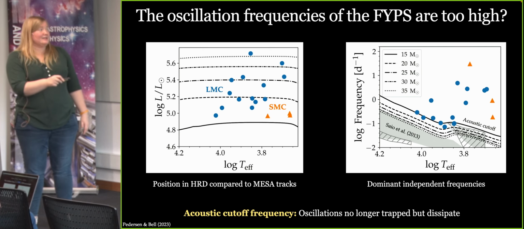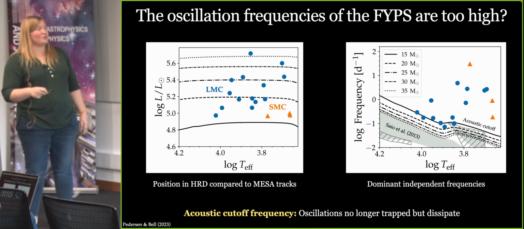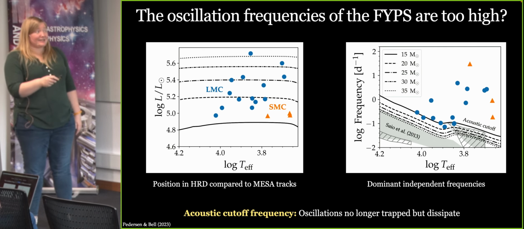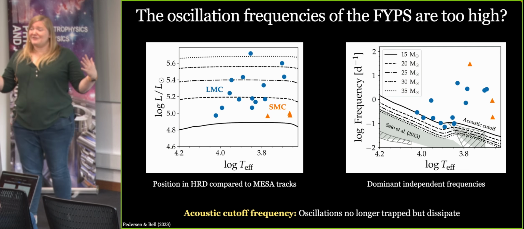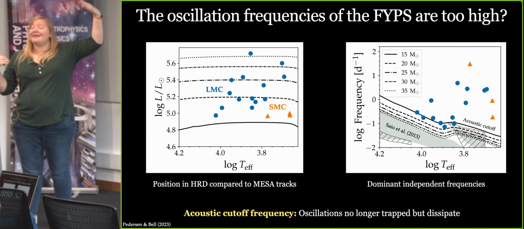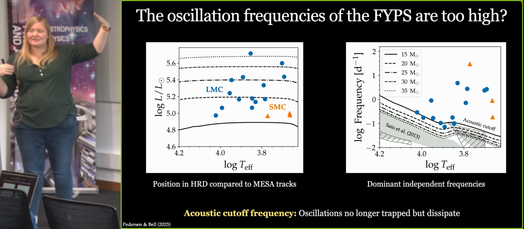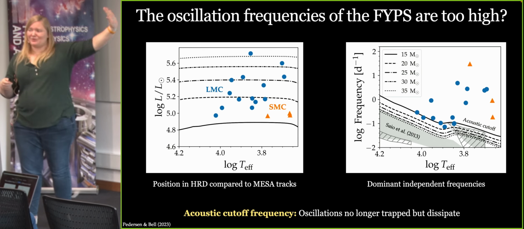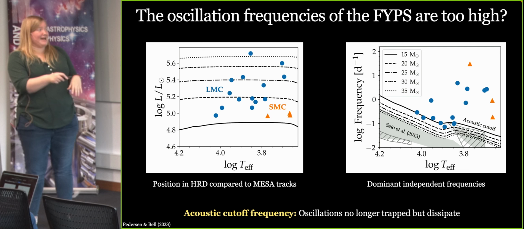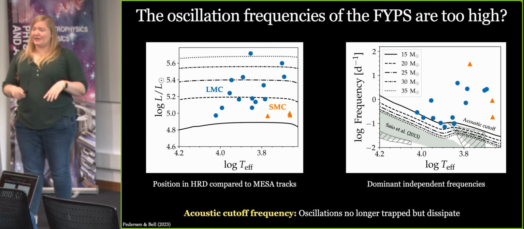And on the right, you see the lines again and what happens to the acoustic cutoff frequency as the stars are evolving. So it's decreasing over time. More specifically, you'll see that most of the stars where these kinds of signals have been found have frequencies that are higher than these acoustic cutoff frequencies, and also they're moving towards the upper right, whereas with mass, you go closer to the lower left in these types of diagrams.